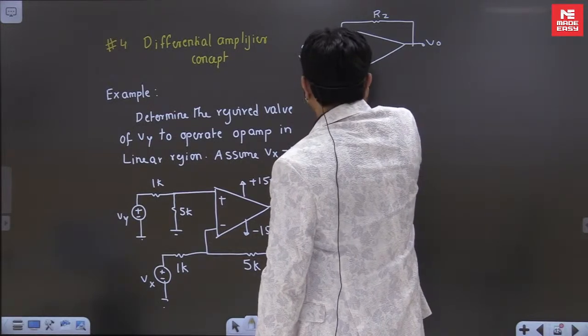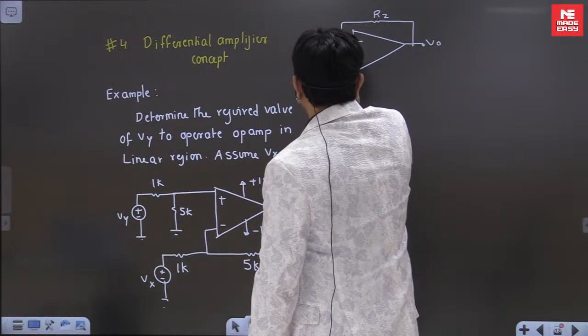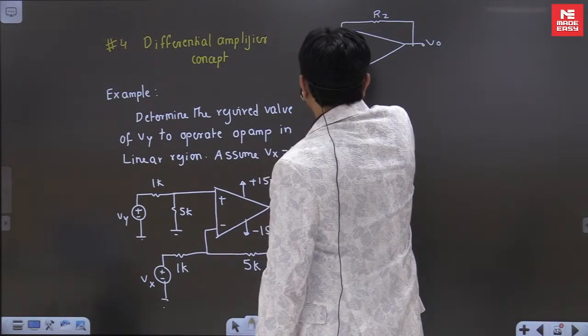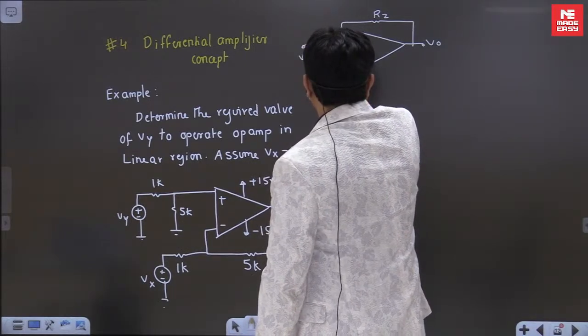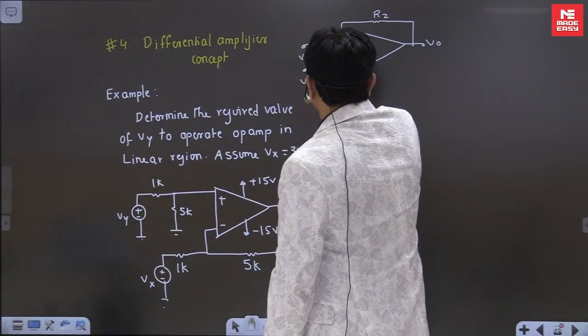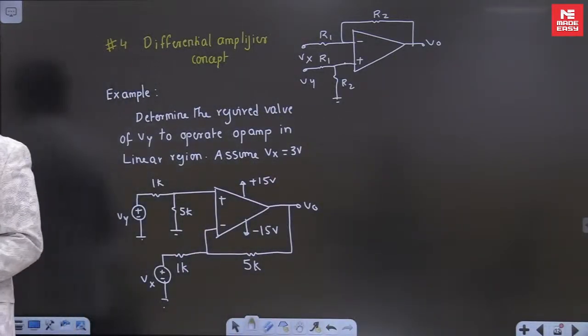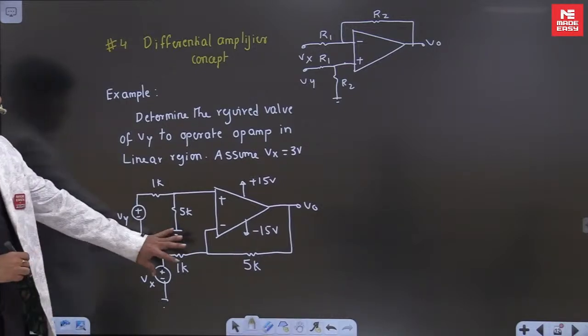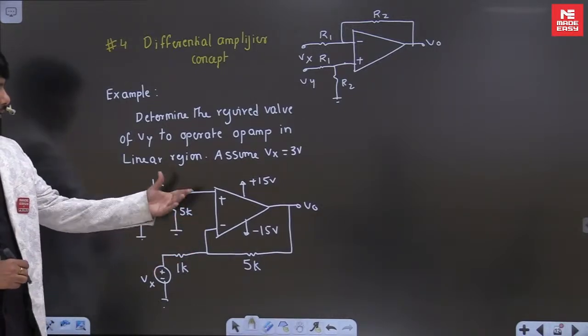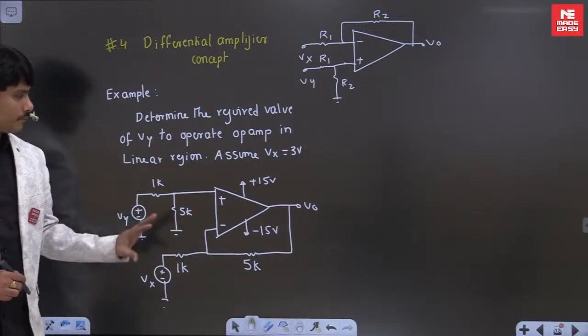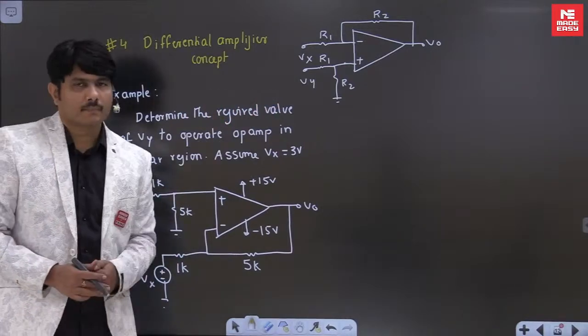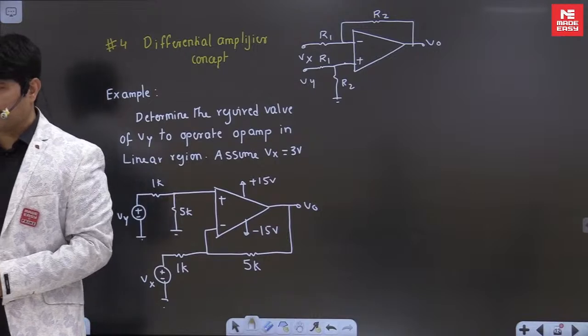And on the positive side, we have some resistor. This is R1, this is R2, and this is Vy. I can prepare a correct representation. Negative feedback, I have taken the top, positive I have taken the bottom. The circuit looks like this. A correct representation I made.